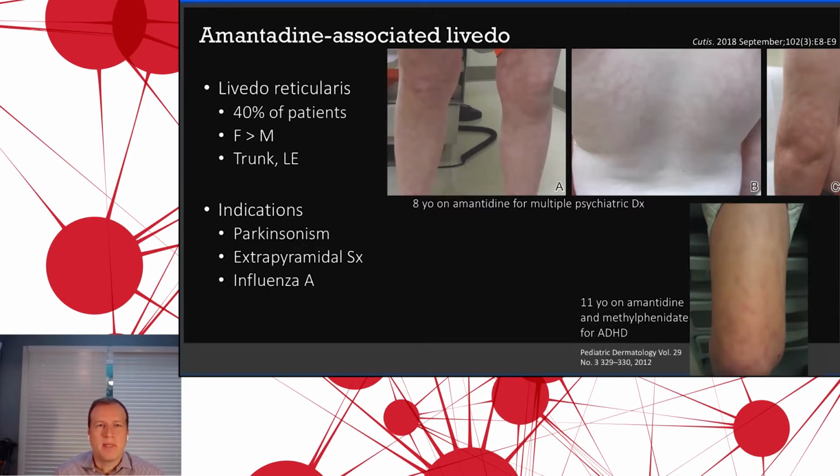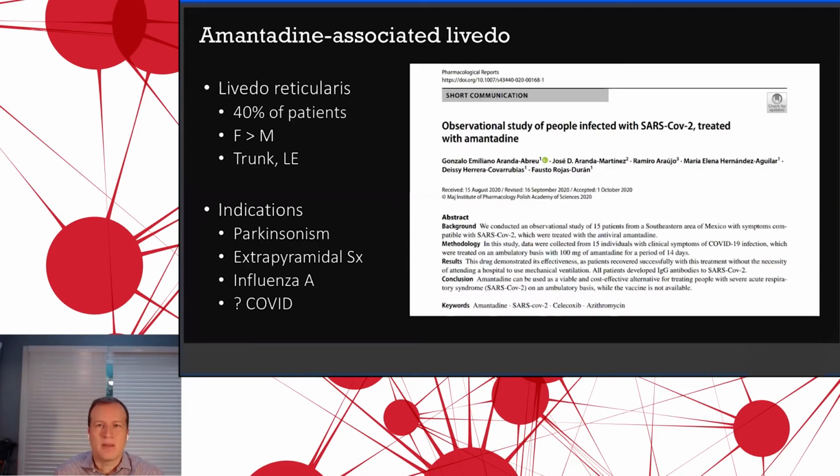And I also bring up this drug because amantadine was originally developed for influenza A. And as you might expect, there's actually been interest in repurposing amantadine for COVID-19. And in fact, there is some data suggesting it may have some benefit for patients with COVID. And COVID itself is also another condition for which livedo has actually been recognized as one of the skin features.